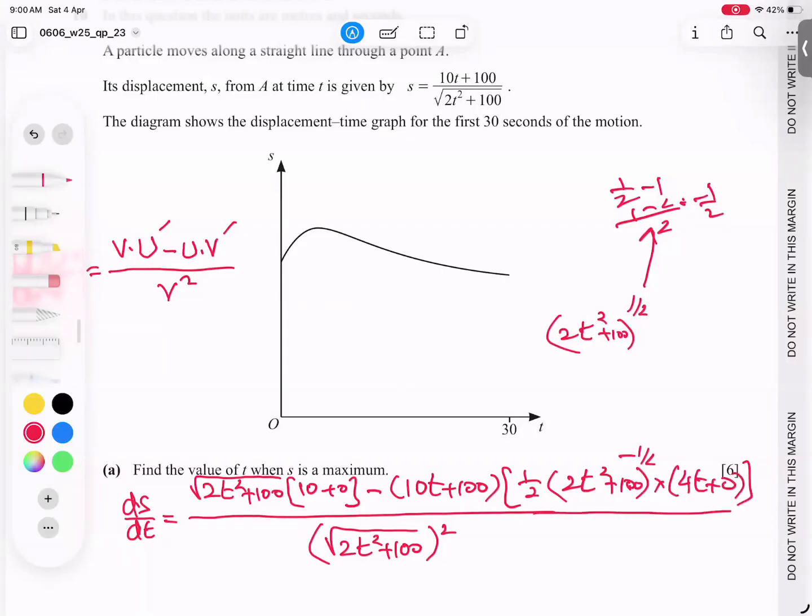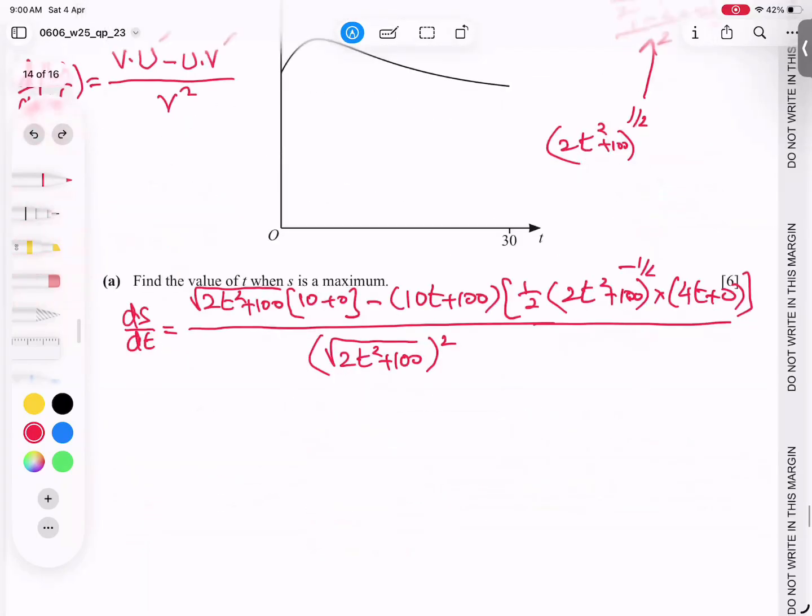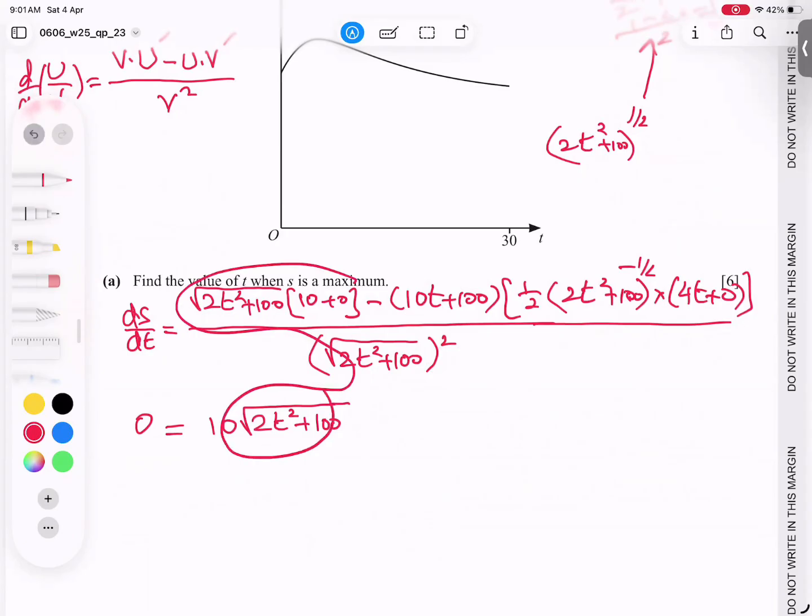Now, as we're looking for the maximum, we put the derivative equal to 0. And when I plug in this 0, what happens, students? This whole thing multiplied with 0 will finish automatically. So what I get is 10 times the root of 2t square plus 100. So this I simplified. Now, what about the other?